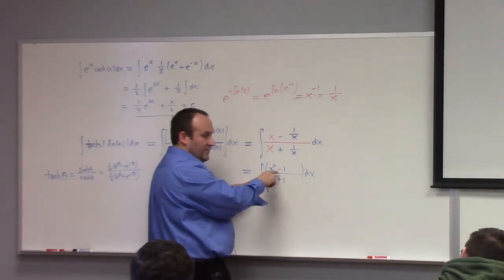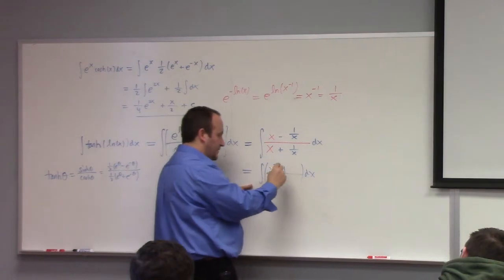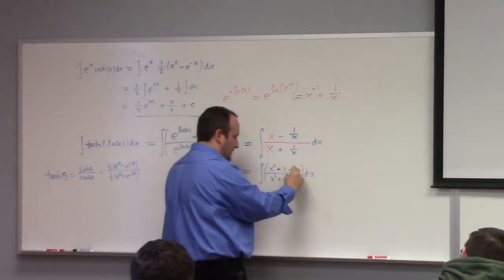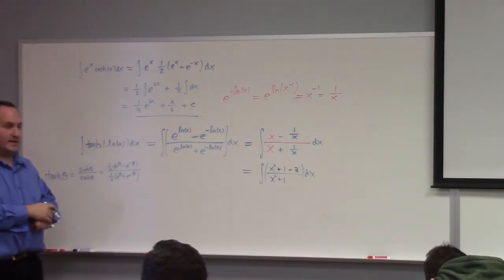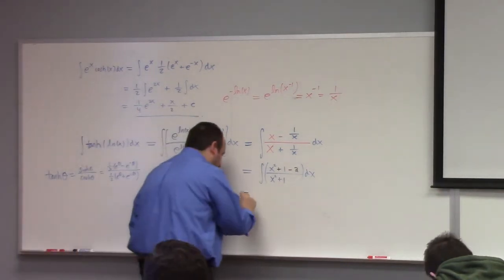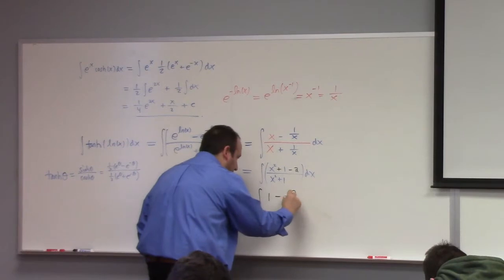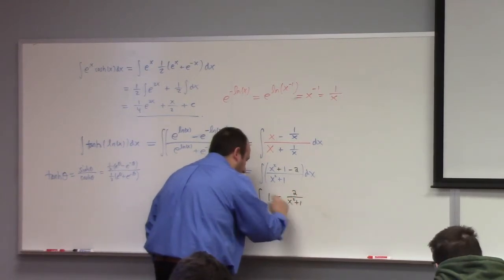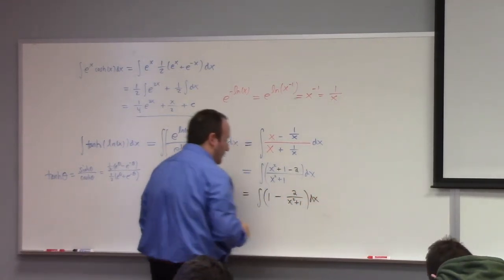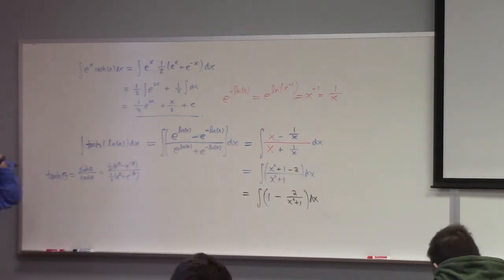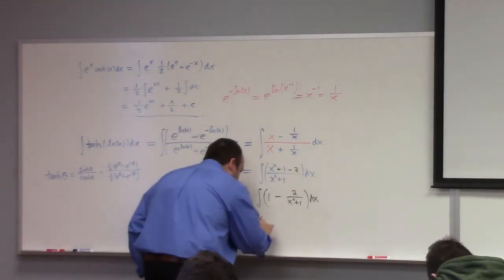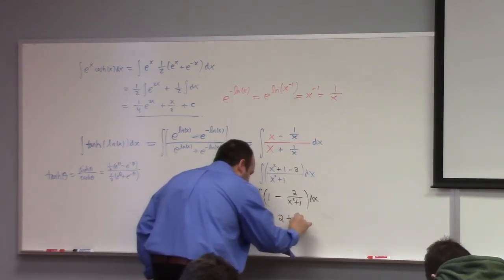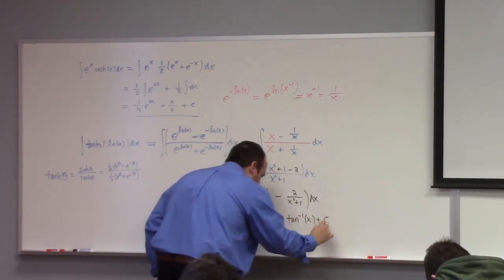So I replace this minus 1 with plus 1 minus 2. In so doing, I can then rewrite this as the integral of 1 minus 2 over x squared plus 1. Now it's an elementary integral. It's just x minus twice the inverse tangent of x plus a constant.